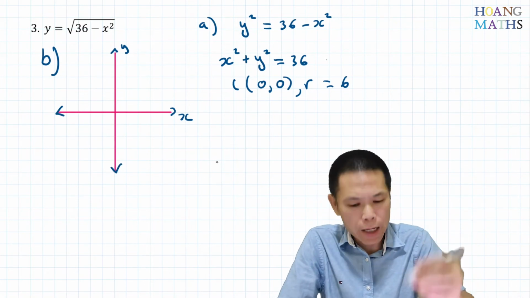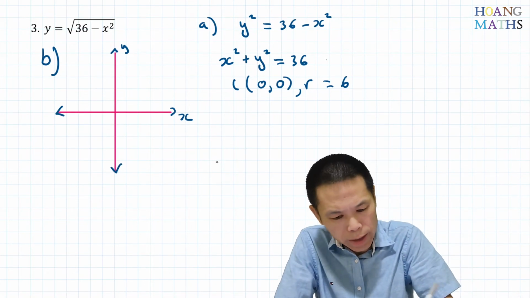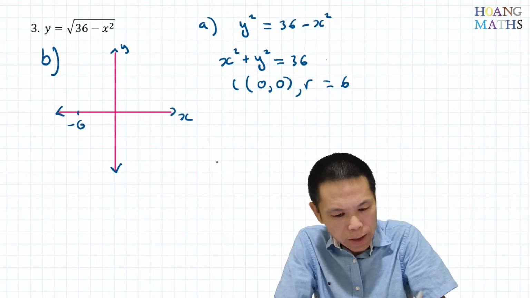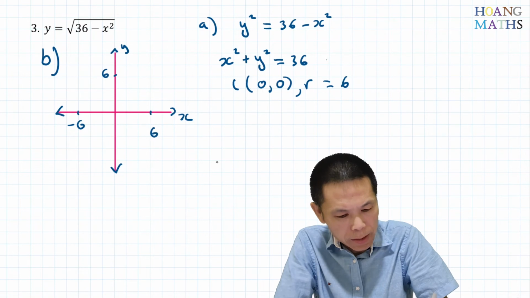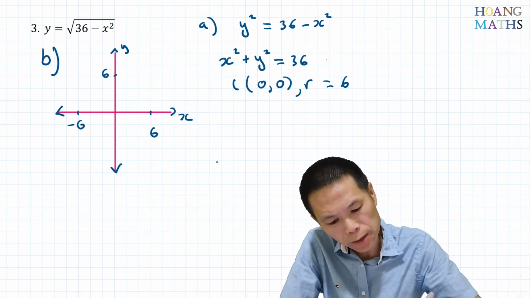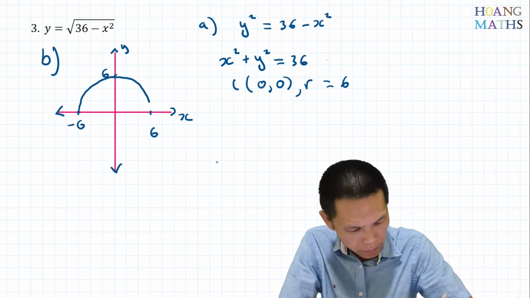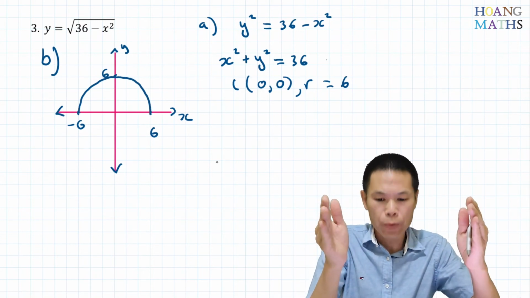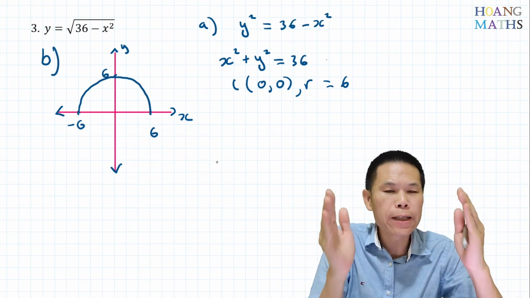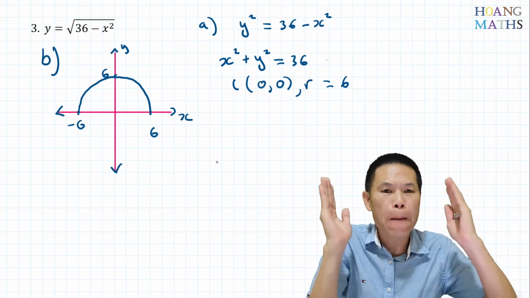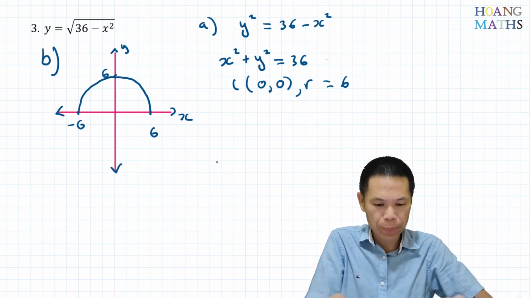And the center is 0, 0, and the radius is 6. I just write negative 6 here. This is 6, this is 6. And the graph is this. There you go. So this is y is equal to square root of 36 minus x squared.